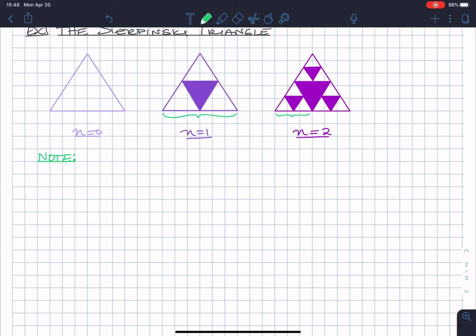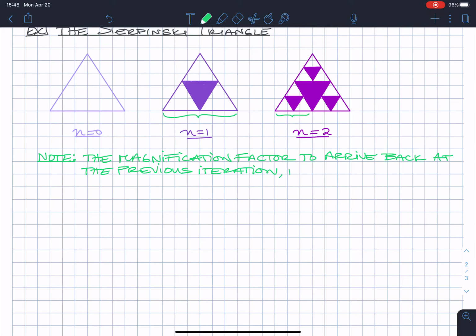So the magnification factor to arrive back at the previous iteration is 2. So it differs this time.